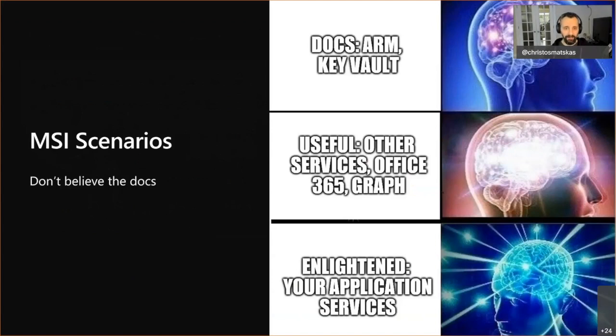And the best one that we don't really talk about too much is the ability to actually go from your service, your front end, into another service that you own, another API, both secured with managed identity. So don't believe in docs, as the slide says, because the capabilities there are quite wide. You can do quite a few things if you employ managed identity.